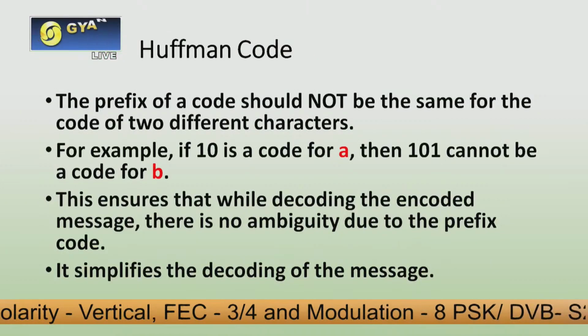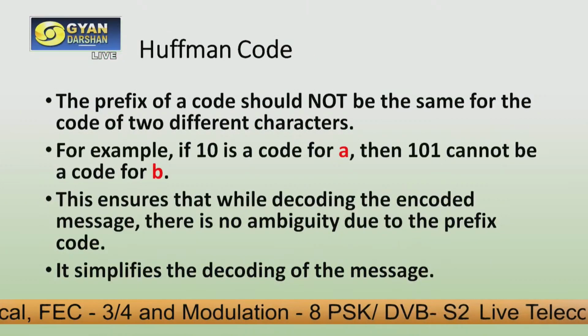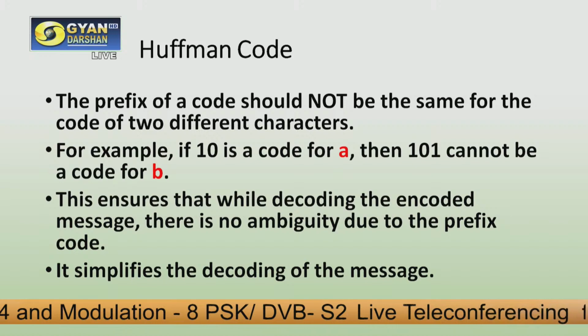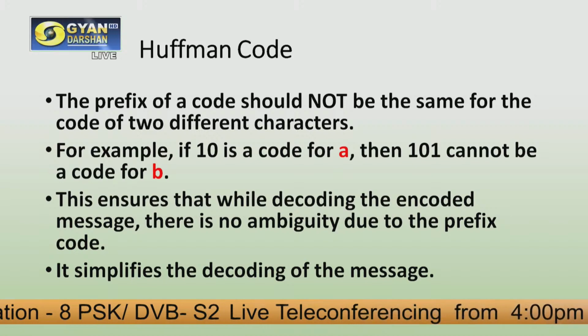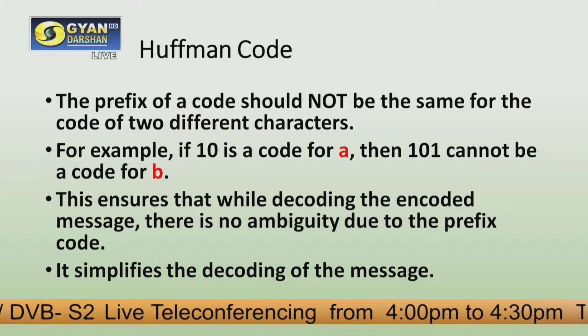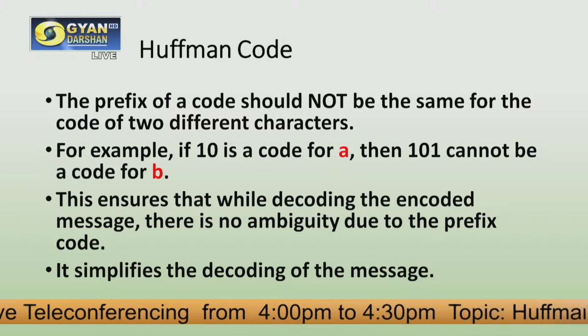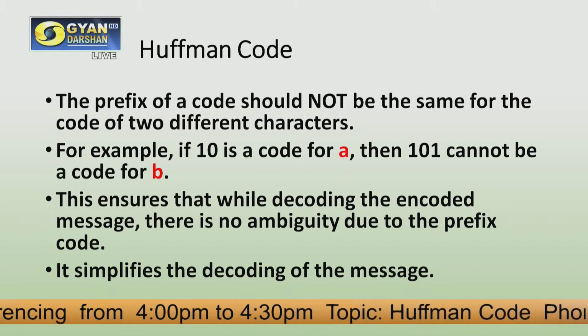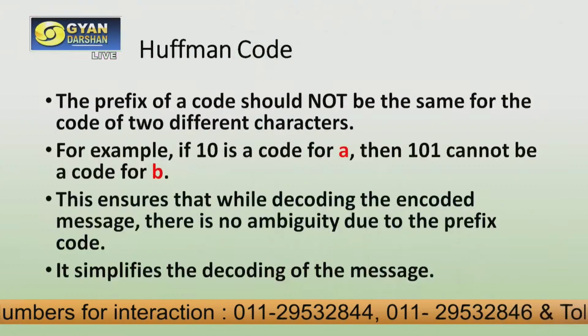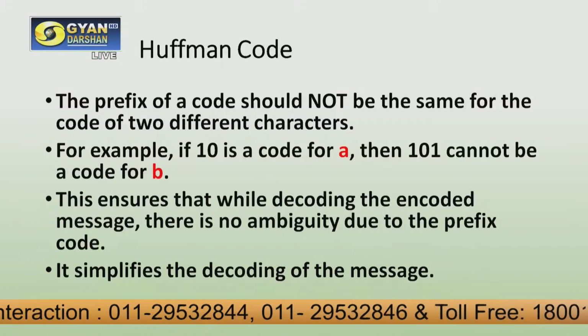Now, the process requires that the prefix of a code should not be the same for the codes of 2 different characters. Now, what do we mean by prefix? Prefix means what the code starts with. We will look at this term prefix when we look into the example also. But there is one example over here.